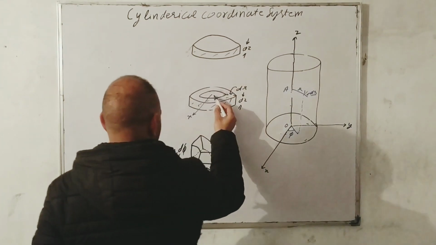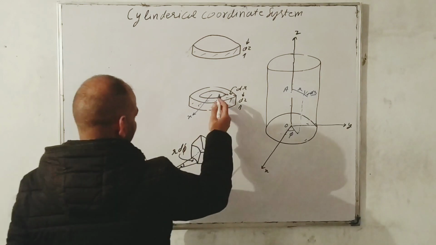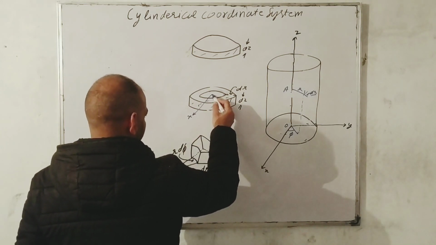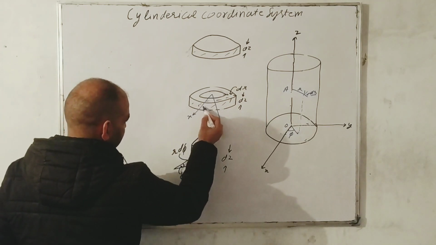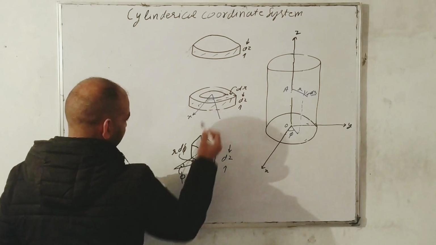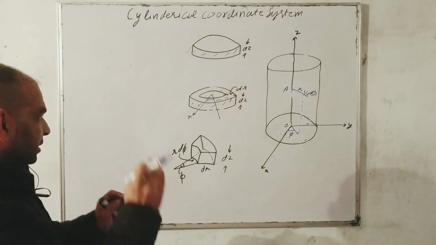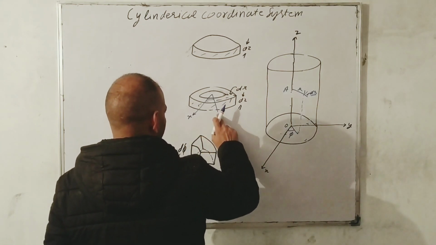So what will we do? This angle was phi. But we made a very minor change along the direction of this particular variable.